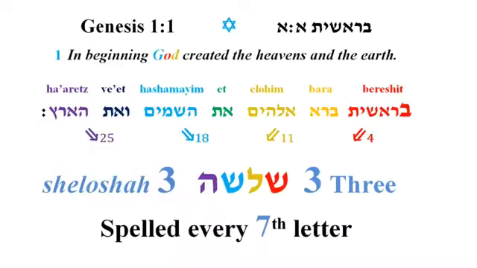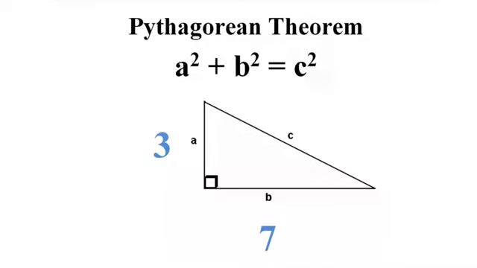Next, let's look at that 3 and 7. We talked about Pythagoras and his theorem, right? Let's take that 3 and 7 that we just had and put it into a right triangle. The small side is 3, the long side is 7, or the middle side. And now we want to find out C, the hypotenuse.